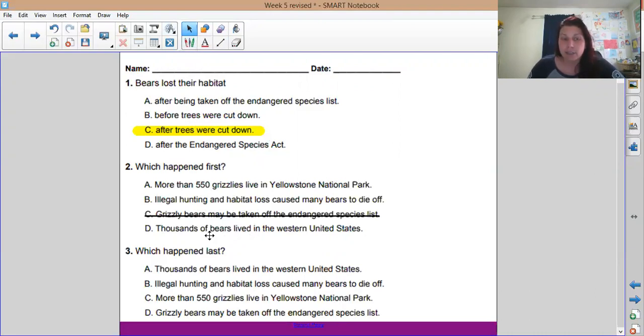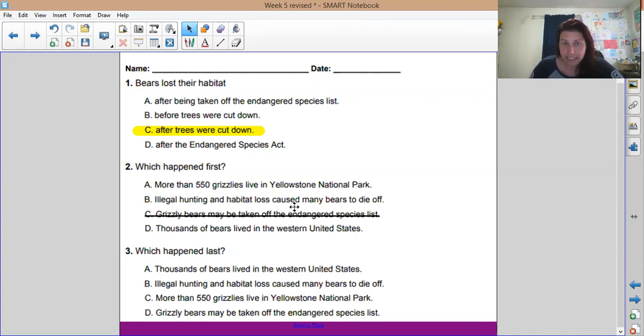In letter D, down here, thousands of bears lived. We see an ED on the end of lived, which means it's past tense, right? It already happened. Here we crossed off the one that was future tense, okay? We do want to look for something that happened first, so we're going to leave that one. Illegal hunting and habitat loss caused many bears to die off.